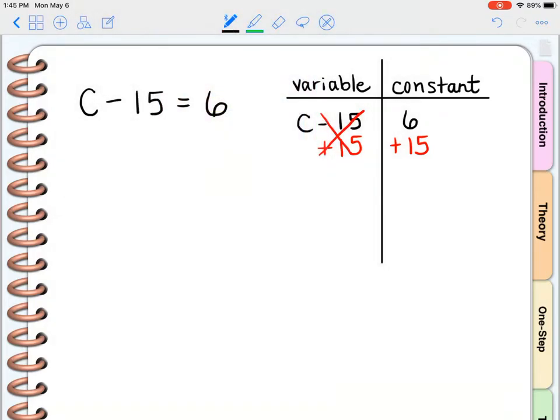And I am left with C. And 6 plus 15, that's just basic addition, but you can use your calculator if you need it. So the solution to this equation, C is worth 21 in this particular problem.